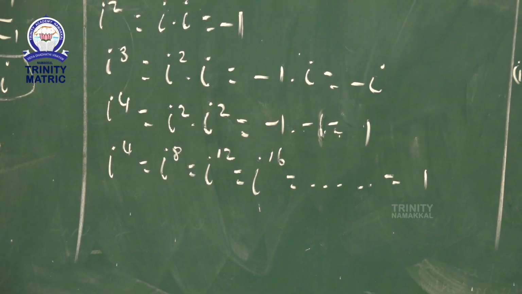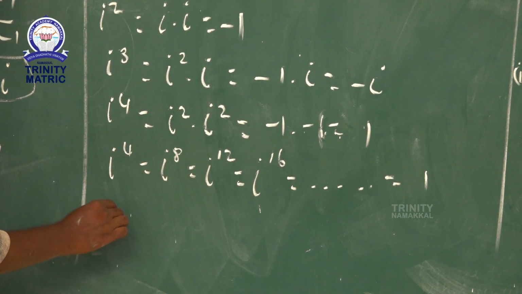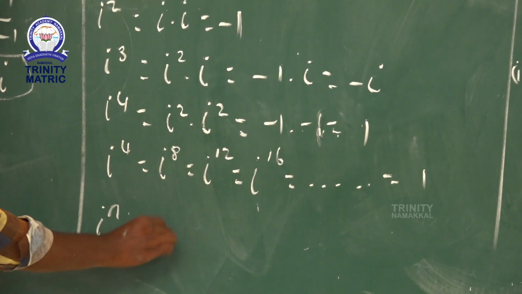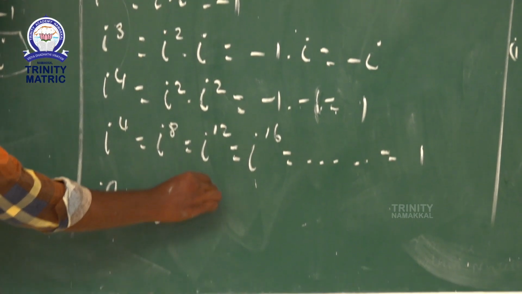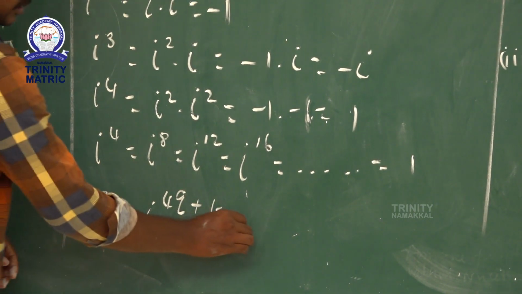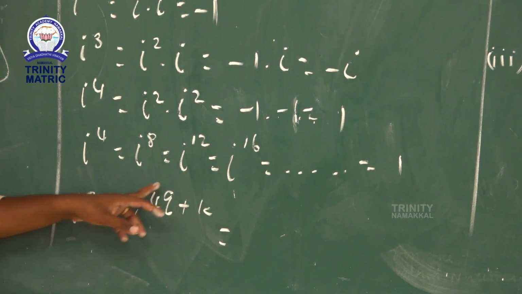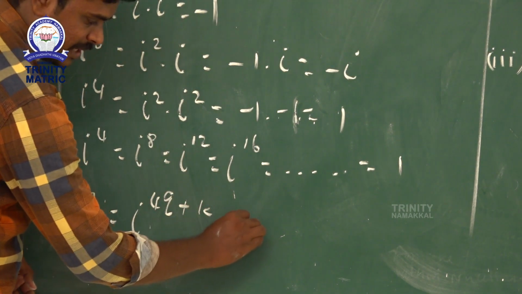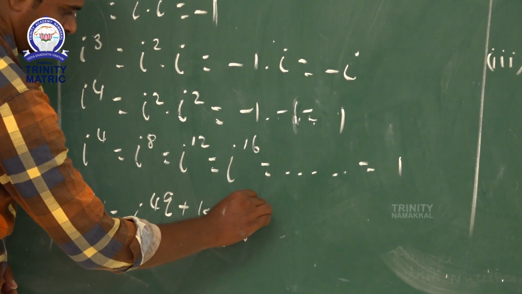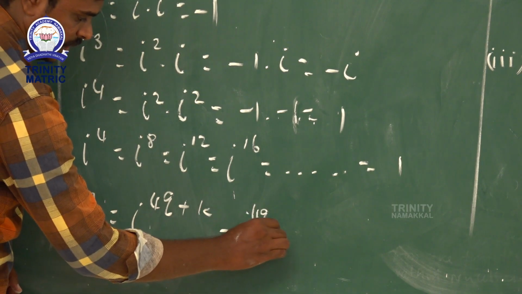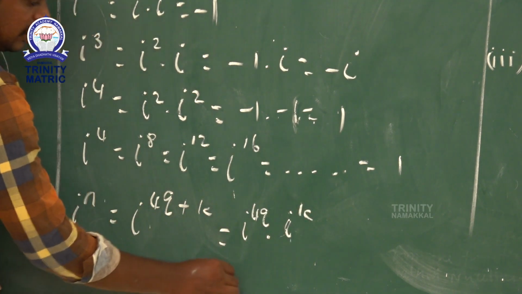So the general form is i power n is equal to i power 4q plus k. Here i power 4q plus k, the powers are summed, so separately we can multiply the terms: i power 4q into i power k.